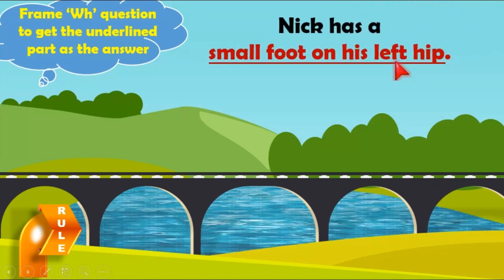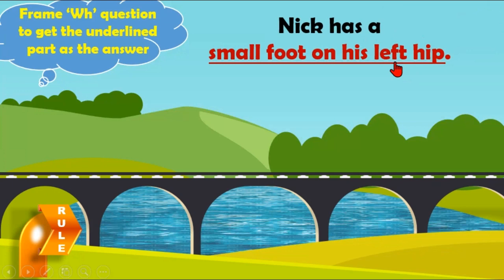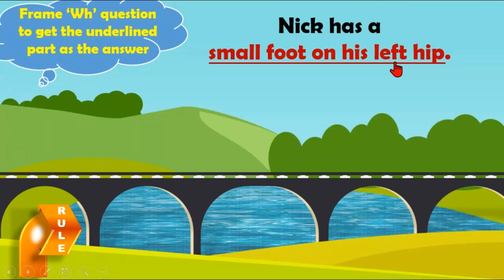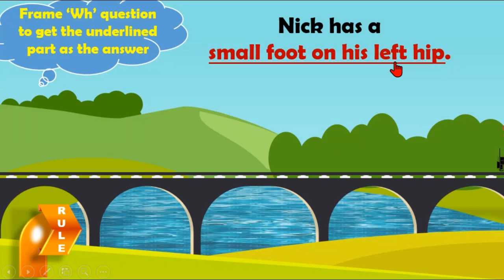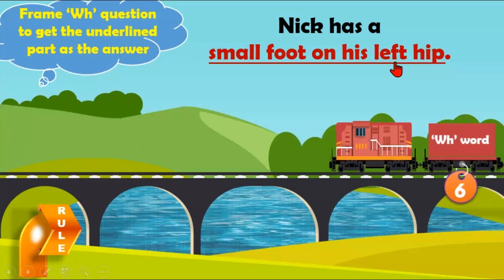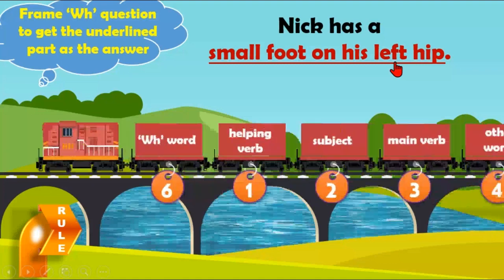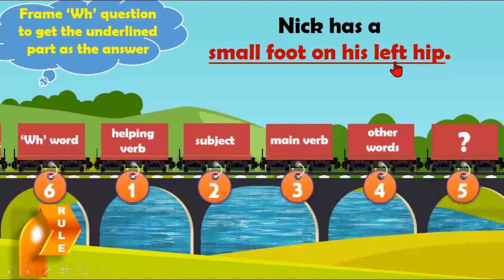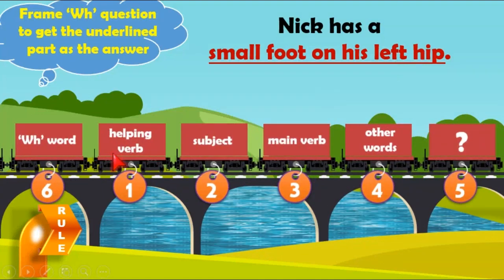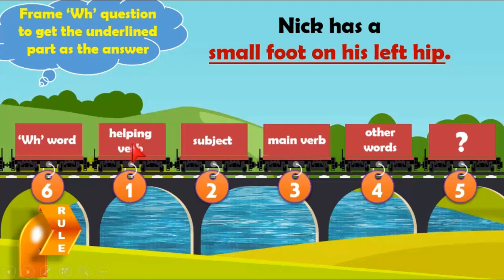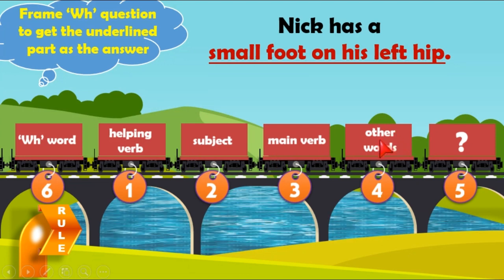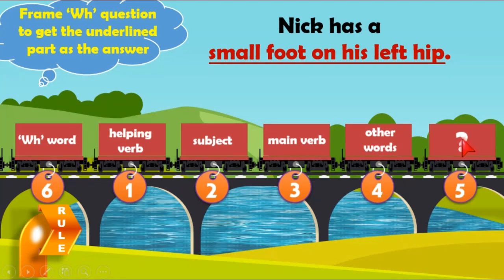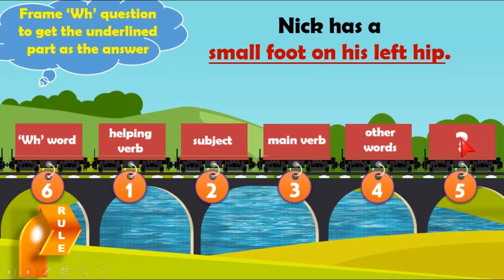Another example. Nick has a small foot on his left hip. What is the first step? Helping verb, subject, main verb, and other words, then question mark.